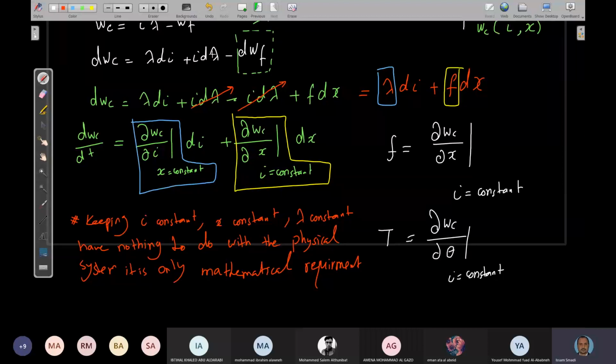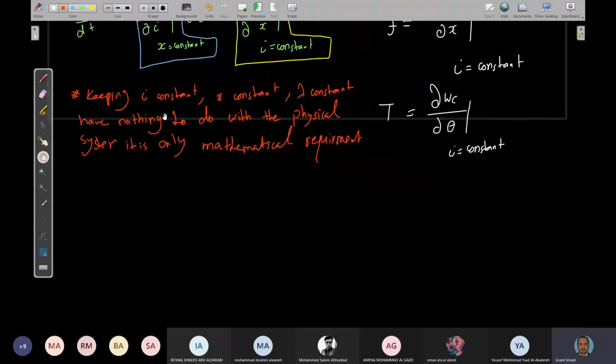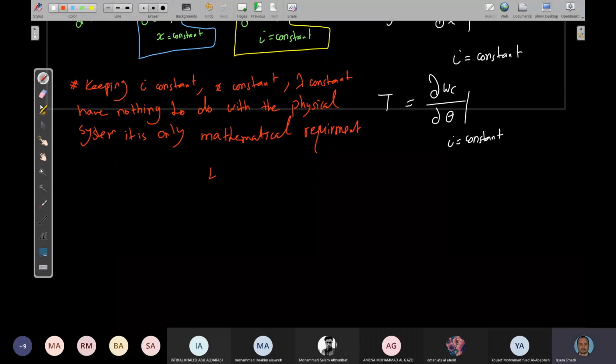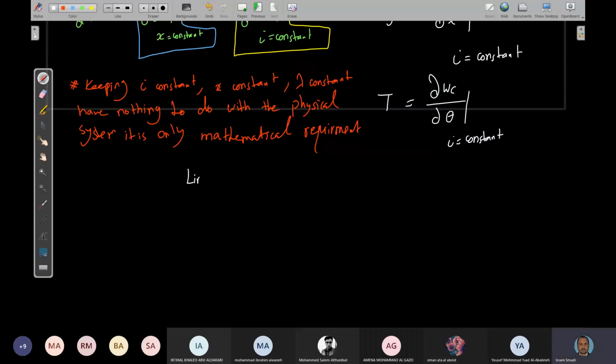Now, if we try to summarize here, we can calculate the torque or the force. Let's make it here linear motion, and here rotation type motion.